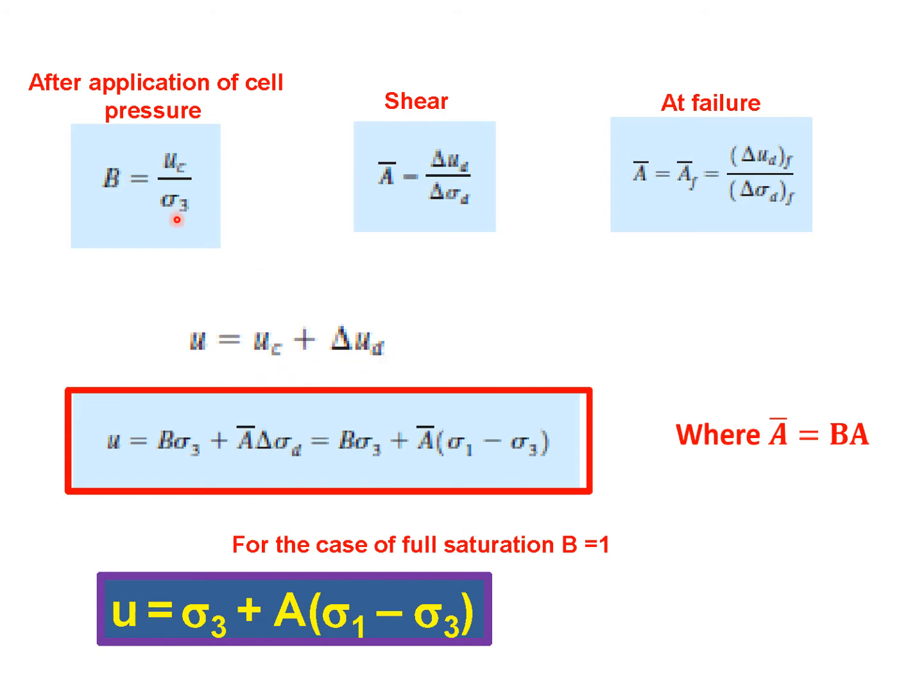Now from this you can see that U sub C is equal to B into sigma 3. So we have written B into sigma 3 over here.